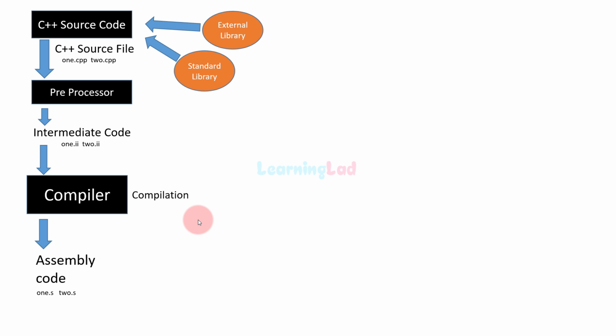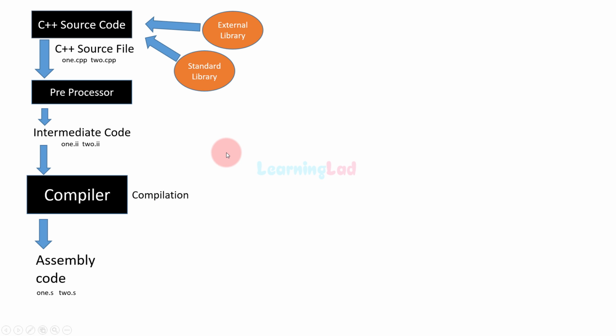And the compiler will also make sure that you have followed all the rules of the C++ programming language. All programming languages have their own rules. For example, in the C++ programming language, there is a rule that every valid statement should have a semicolon. Now the compiler will check your program for all those rules.